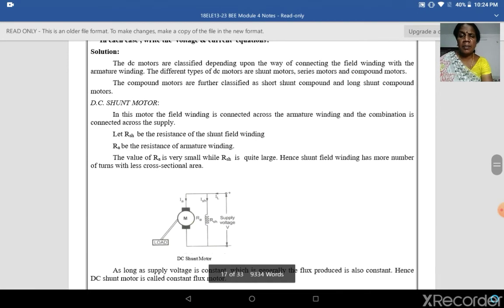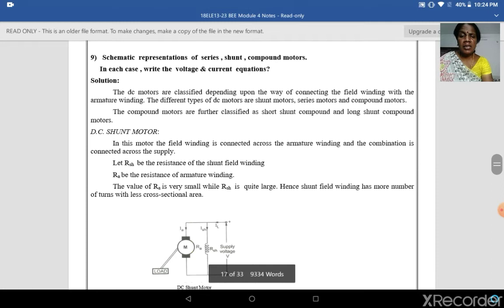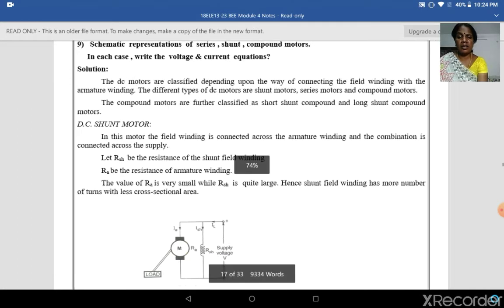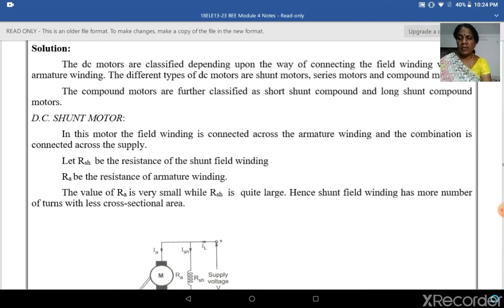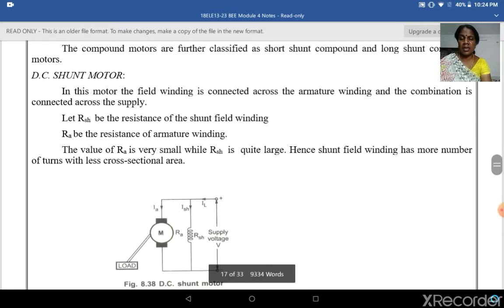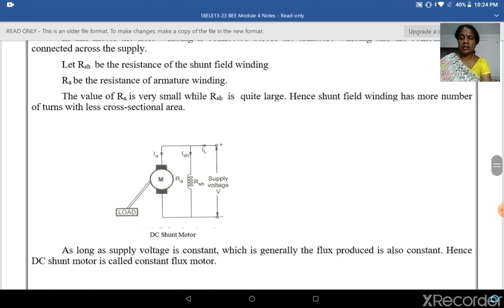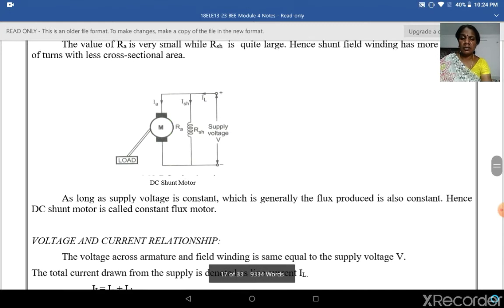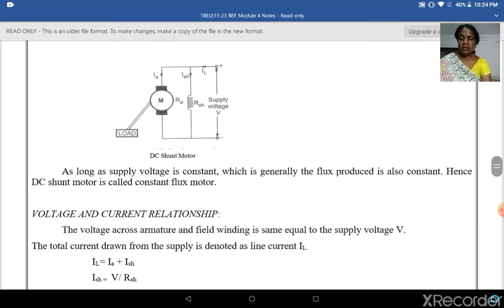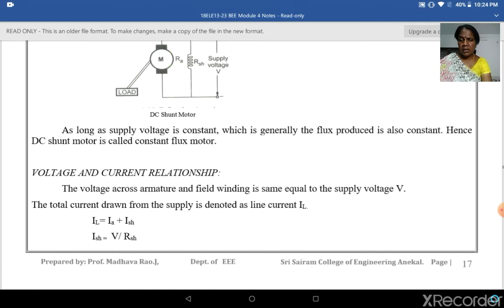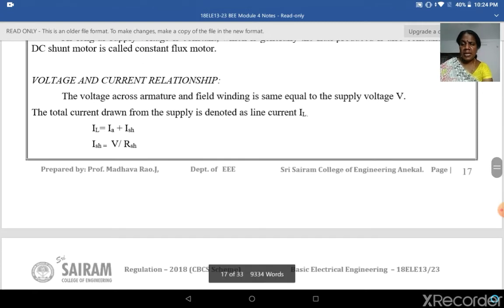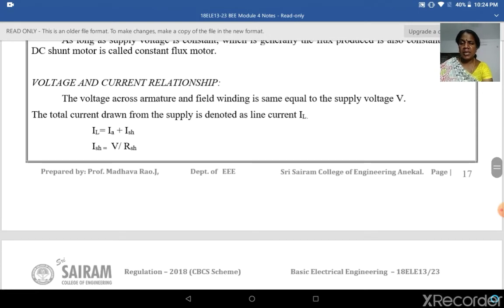The schematic representation of the series, shunt and compound motor is shown here. In the DC shunt motor, the field winding is connected across the armature winding, as shown here. For the voltage and current relationship of the shunt motor, the load current IL is equal to IA plus ISH.